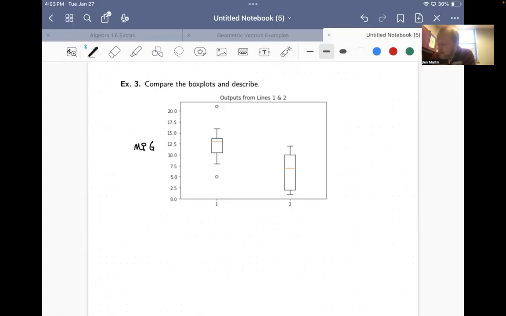And so with model number one here, we can see that the median that we had was about 12.5 miles per gallon, whereas with this car here, the median was about 7.5 miles per gallon. Okay.